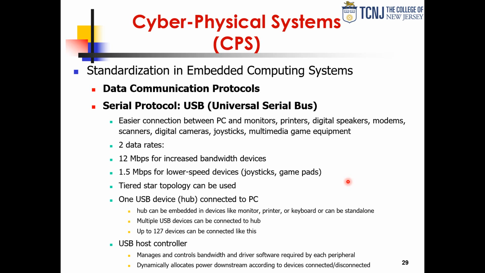A hub allows you to connect many devices to a single port on a host. So it's sort of like a bridge. So you can have hosts, hubs, and devices and form this star type topology network, and initially you could have up to 127 devices. Okay?